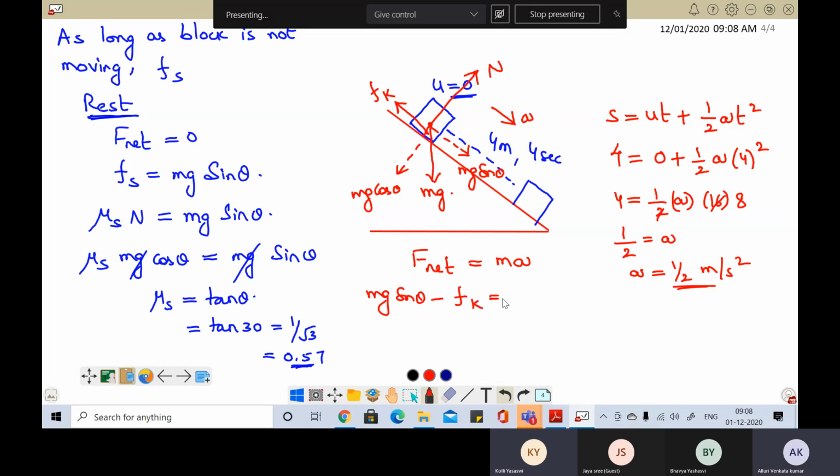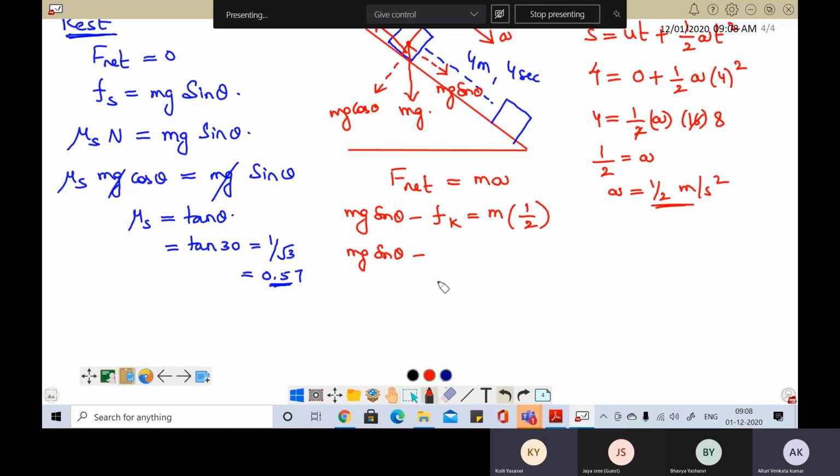What is the acceleration? Half. Now mg sine theta minus Fk, and Fk we can write as mu k mg cos theta, equals m times half. Now m gets cancelled everywhere.